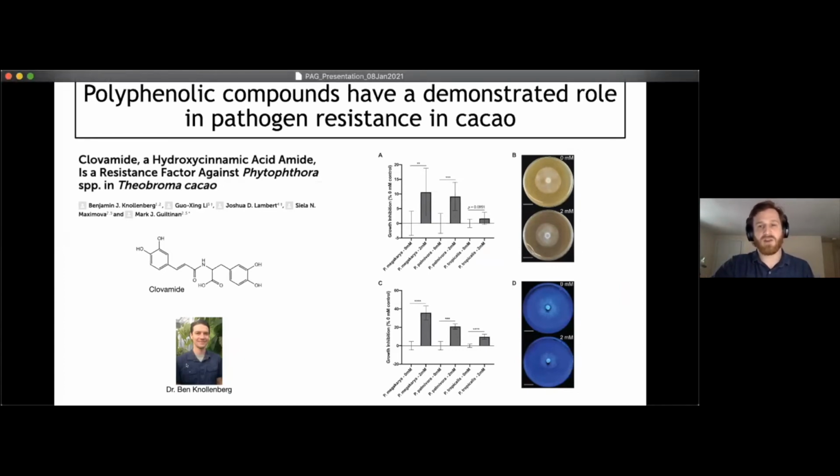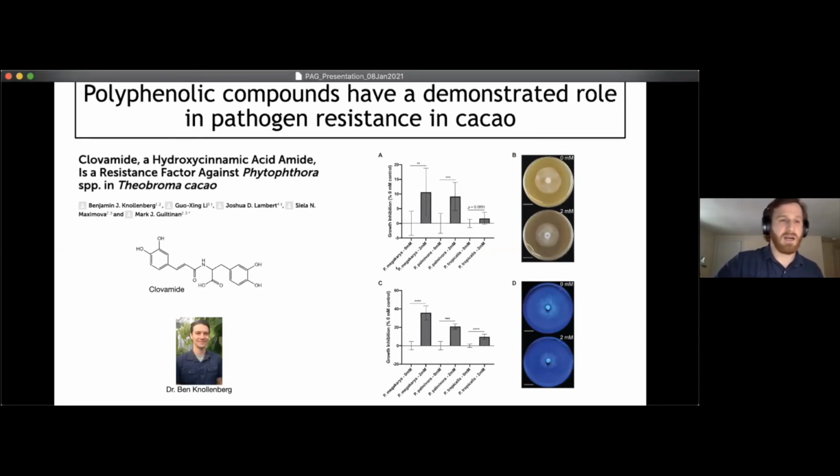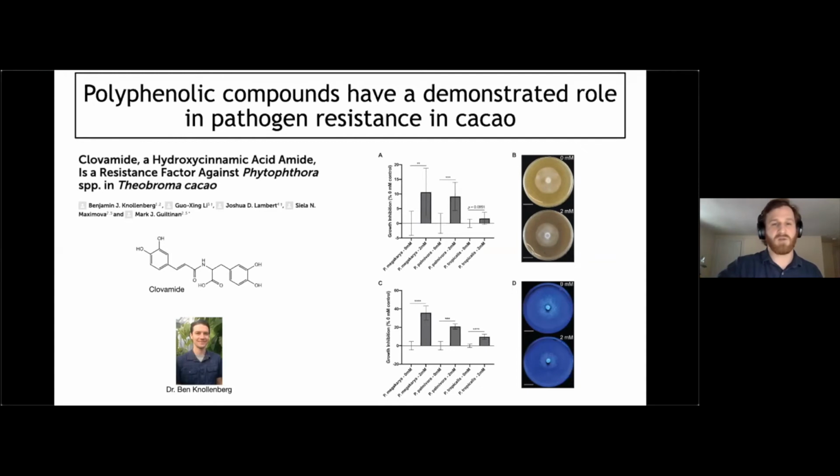Ben Nolenberg, a former postdoc in Mark and Ciela's lab, did some work where he characterized the compound clovamide, which is a phenylpropanoid compound, and found that it significantly inhibited three different species of Phytophthora when the plates were dosed with clovamide.